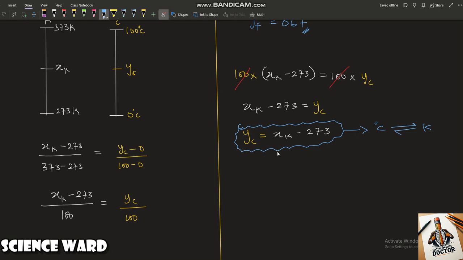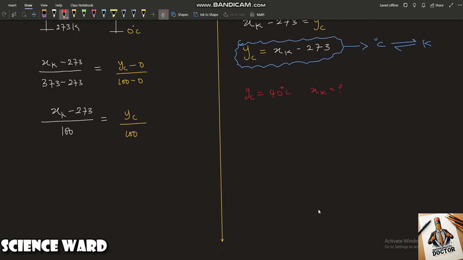This is a very simple formula to always know, because it is one of the most basic out of all of them: Celsius equals the Kelvin value minus 273. In this case, I can make a quick example. If the Celsius value is 40 degrees Celsius, what will be the answer in the Kelvin scale?